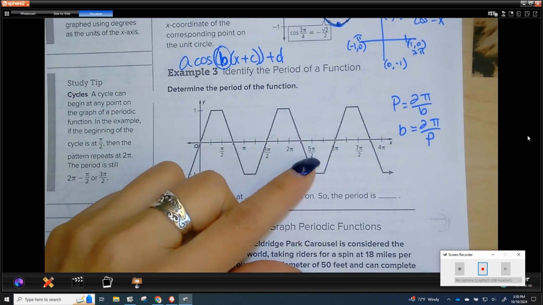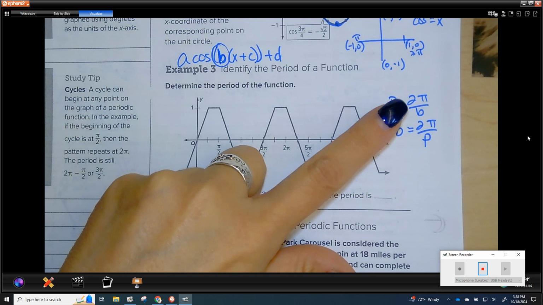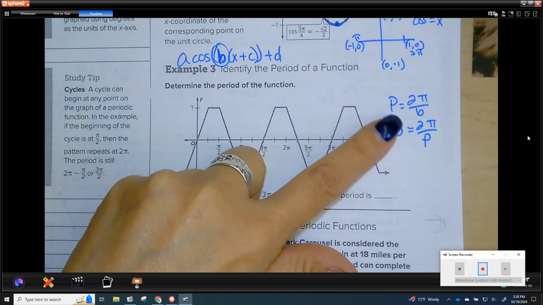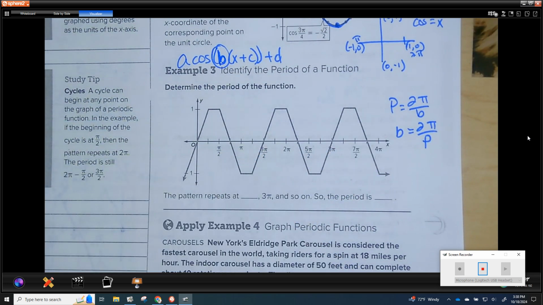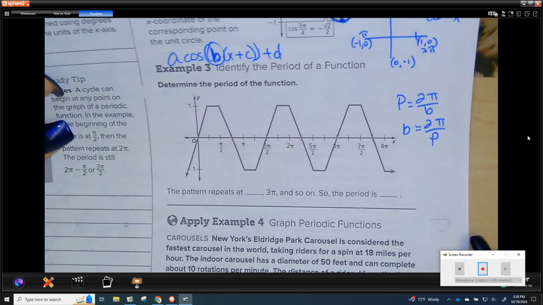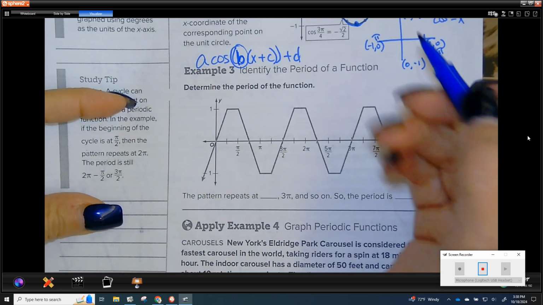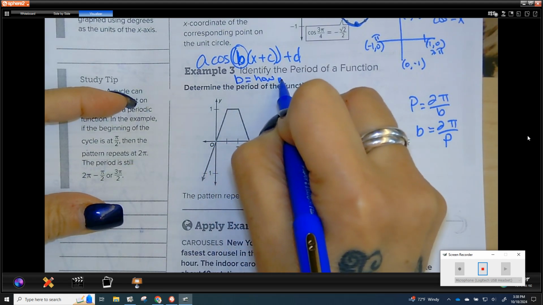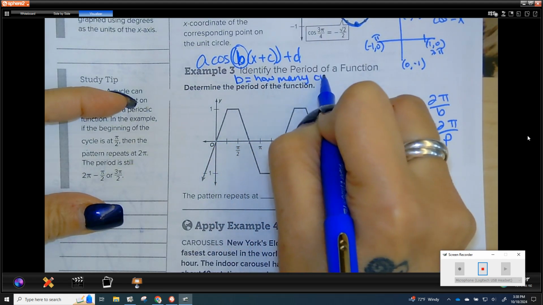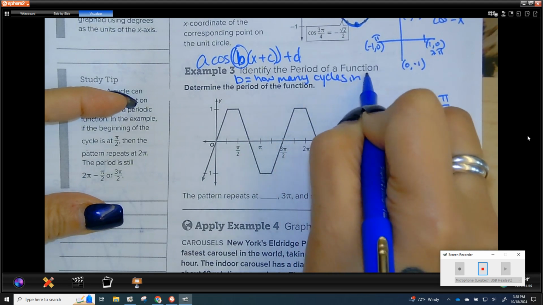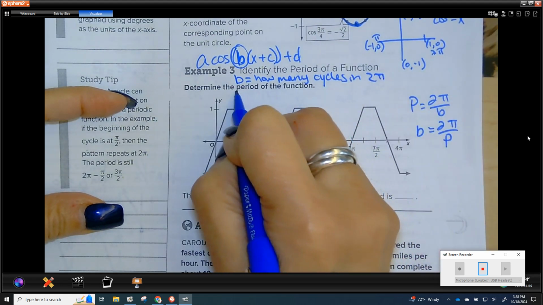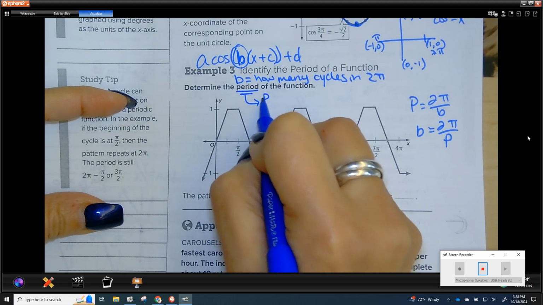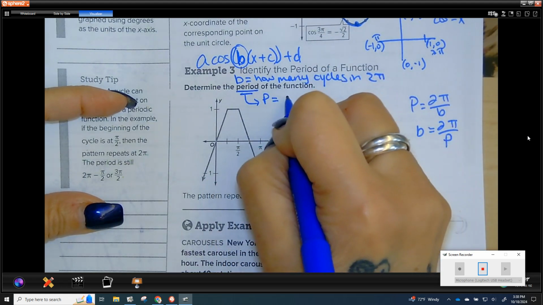Period is how long does it take to make one cycle. And b is how many cycles are there in 2 pi. Okay? So I'm going to write that right here. And b is how many cycles in 2 pi. And period, P, is one cycle.